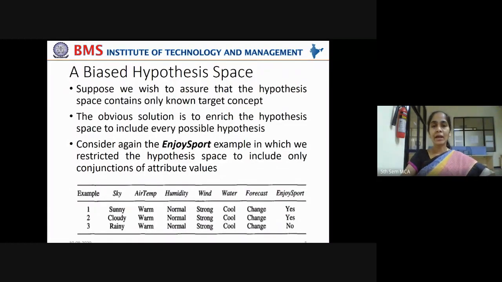Now, a biased hypothesis space. What is a biased hypothesis space? I'll tell you, it is quite easy. The terms are somewhat scary, but the underlying concept is very easy. The only thing is you have to focus, that's all. When do we say that a hypothesis space is biased?